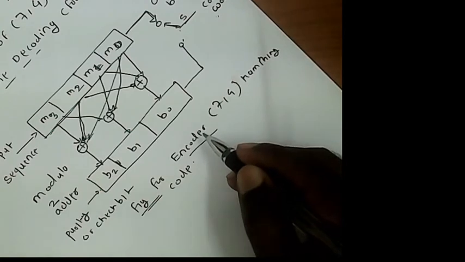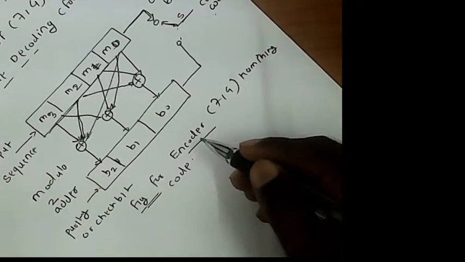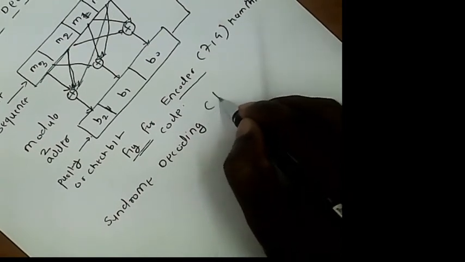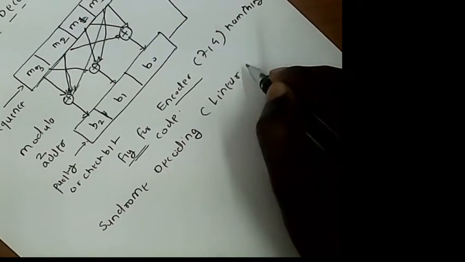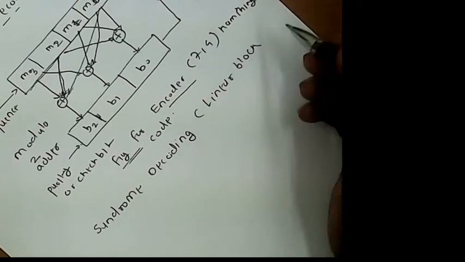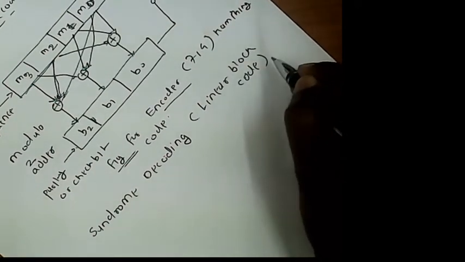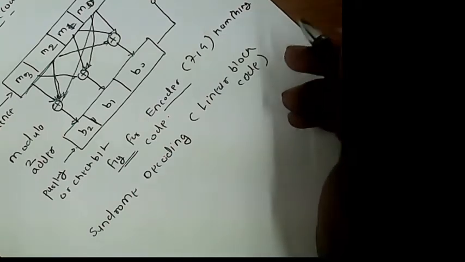Okay, now we define syndrome decoding for block codes or linear block codes. We call it syndrome decoding, which is at the receiver side.